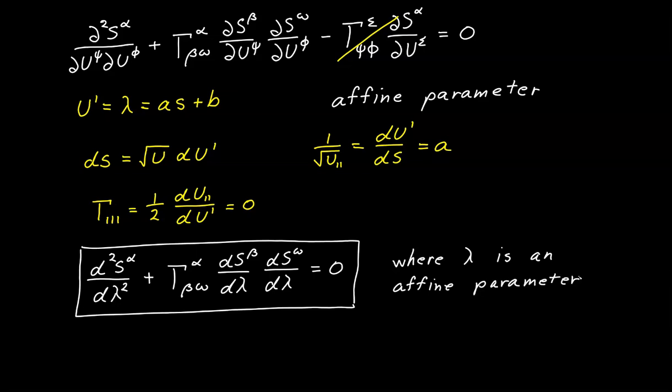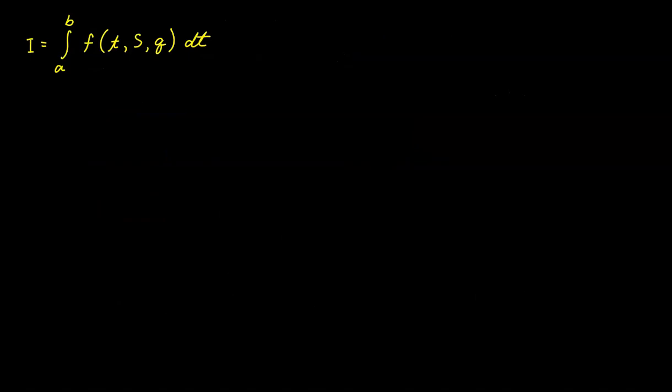Okay, well let's move on now and explore what is arguably the most significant property of a geodesic. What you see here is known as a functional. A functional is similar to but distinctly different from what we call a function.